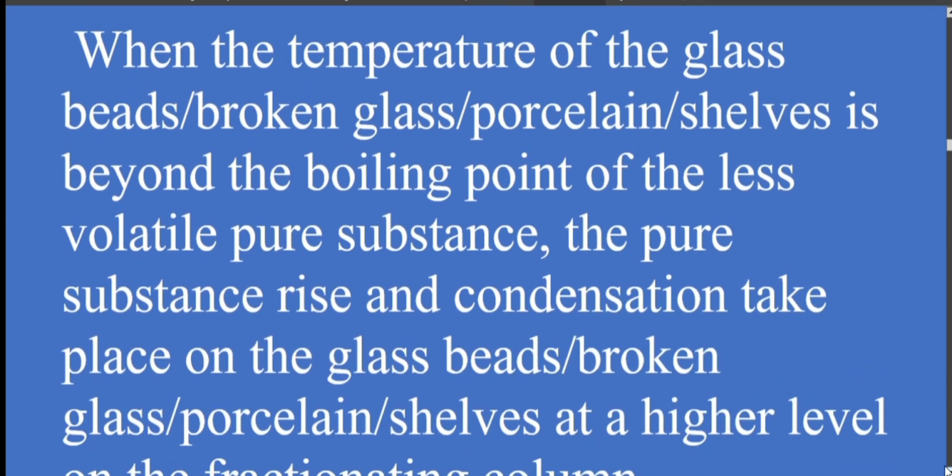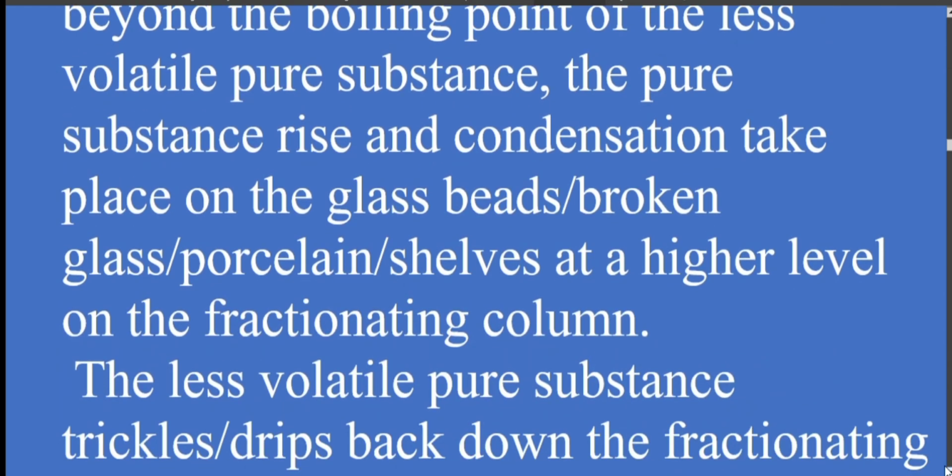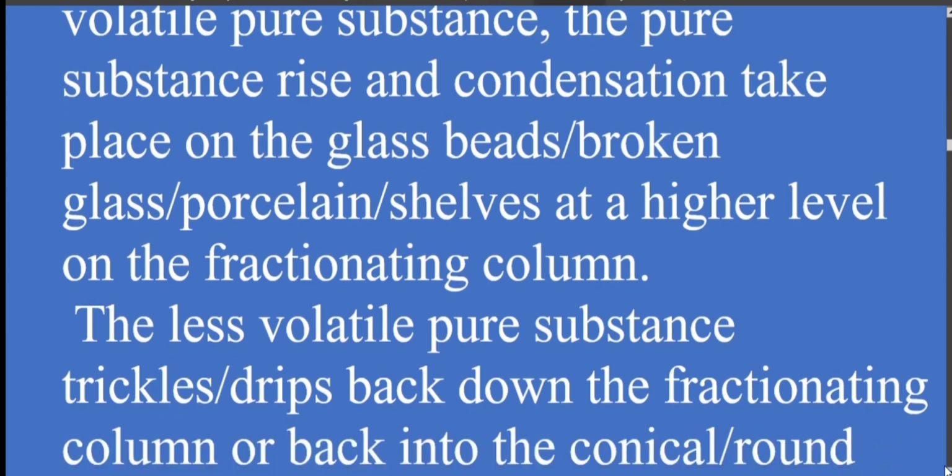So the pure substance rises and condensation takes place on the glass beads or broken glass or porcelain at a higher level on the fractionating column. The less volatile pure substance trickles or drips back into the fractionating column.